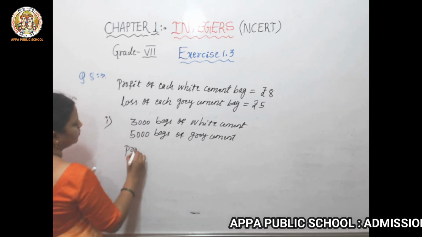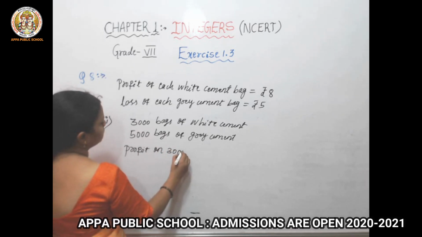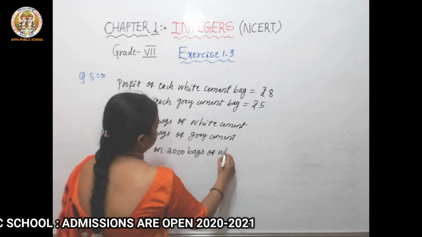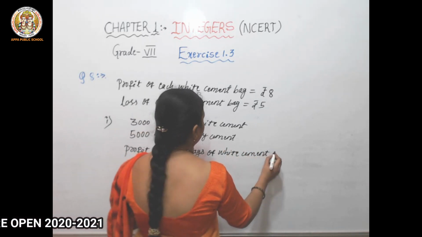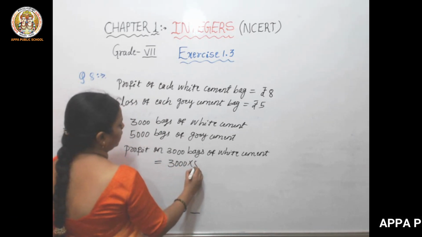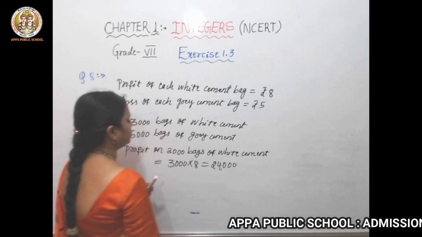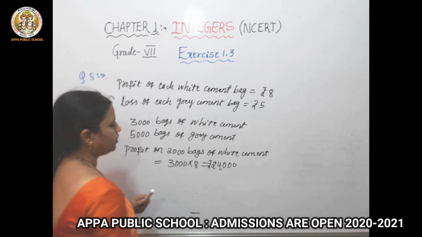So, the profit on 3000 bags of white cement. How do you calculate this? For each bag it is 8, so for 3000 it is 3000 into 8, which is 24,000 rupees.